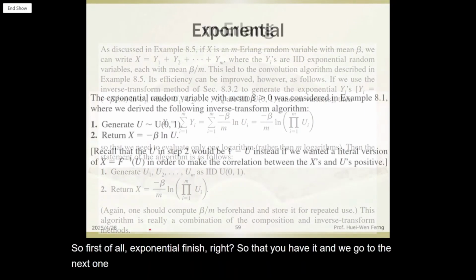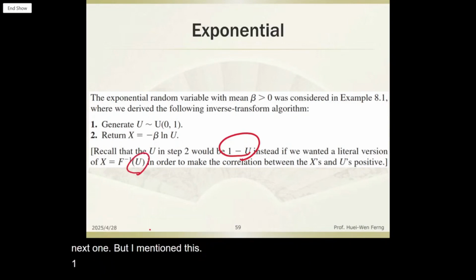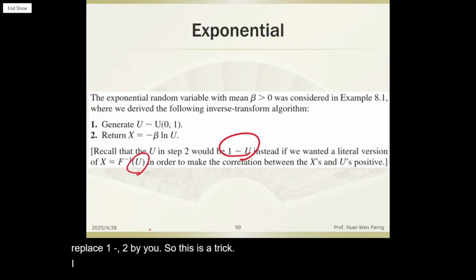But I mentioned this: if we have the expression in terms of 1 minus U, we can replace 1 minus U by U. This is a trick. Why do we want to replace 1 minus U by U?